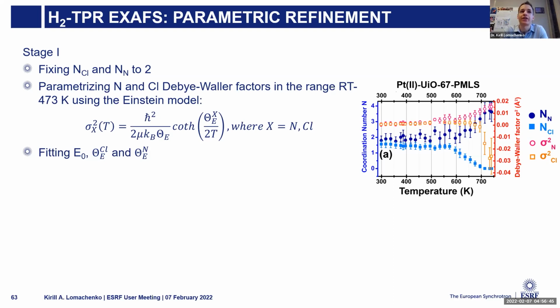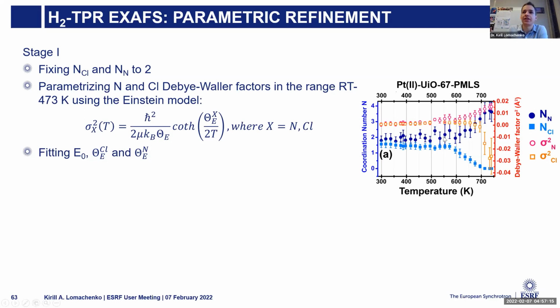And the Debye-Waller factors were parameterized using the Einstein model. So we got this dependence from the Einstein formula for the Debye-Waller factors, and the thing that was actually fitted was the so-called Einstein temperature. So the whole dependence of the Debye-Waller factor is determined by the Einstein temperature and the temperature of the sample.